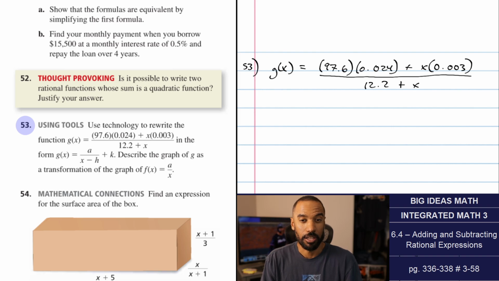My form of technology that I'm going to use is this. I'm going to type it in here. Find out where the asymptotes are. The a value is another concern. That's the thing I'm thinking about right now.